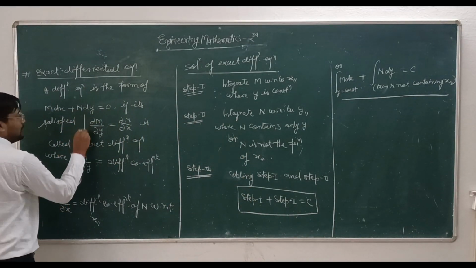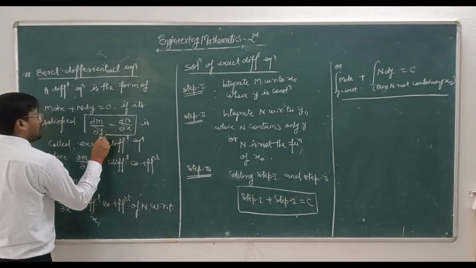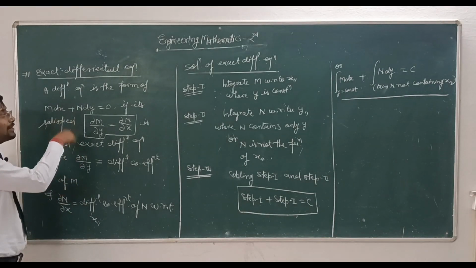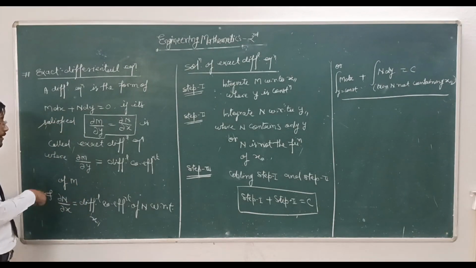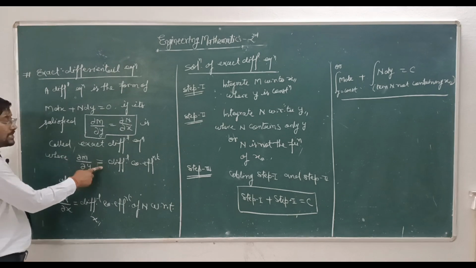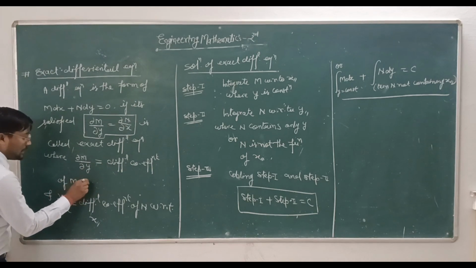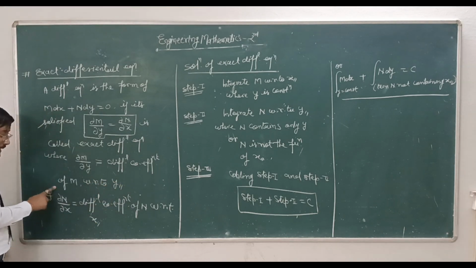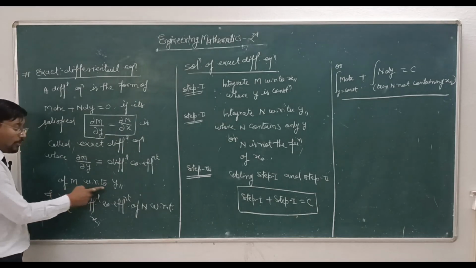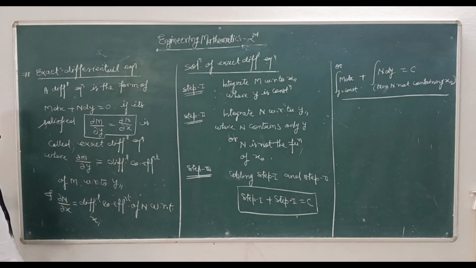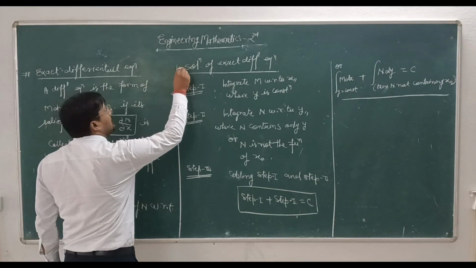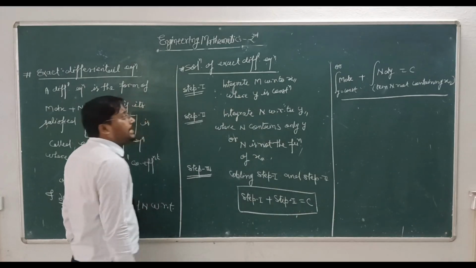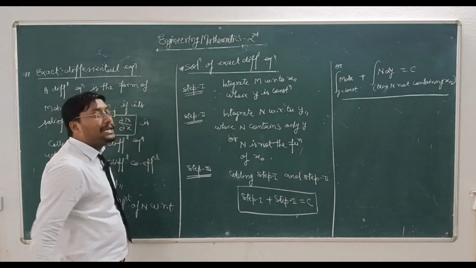If it satisfies this condition, this means del M of del y is equal to del N of del x, it is called the exact differential equation. Where del M of del y is the differential coefficient of M with respect to y, and del N of del x is equal to the differential coefficient of N with respect to x. Now the solution of the differential equation: step number first, integrate M with respect to x, where y is constant.